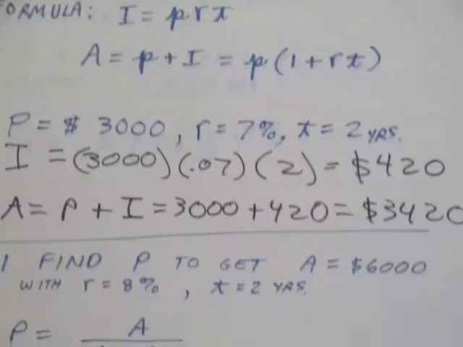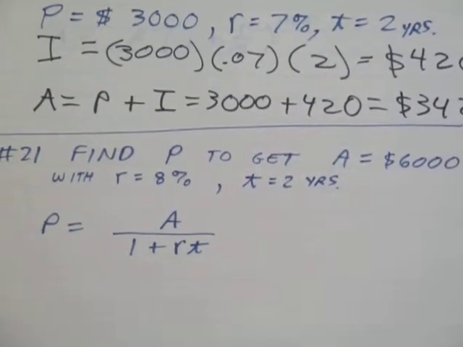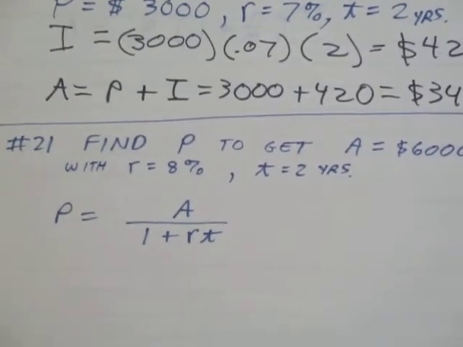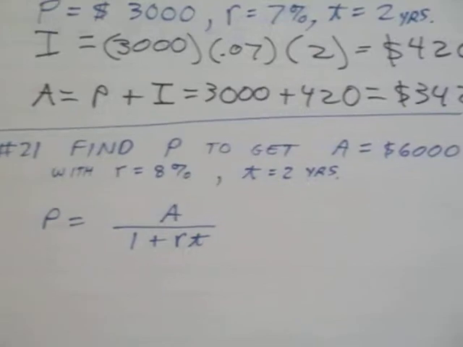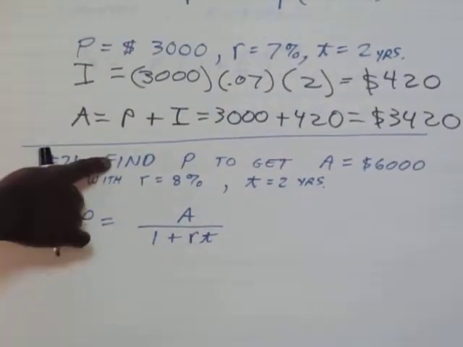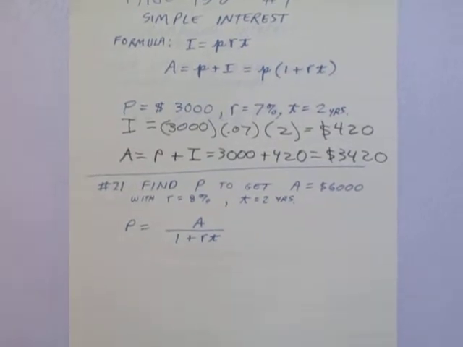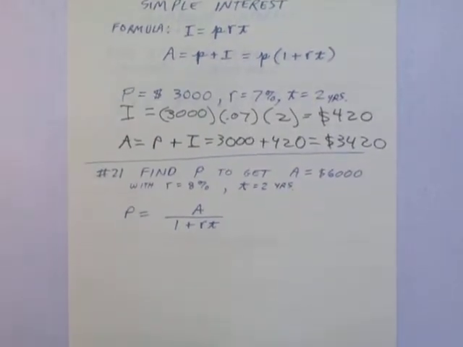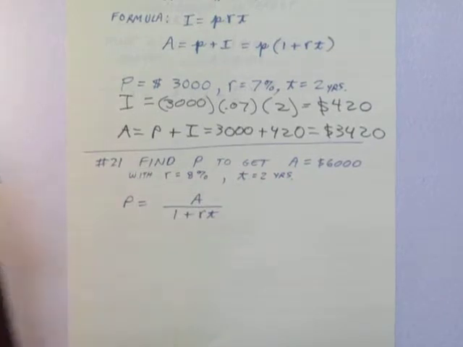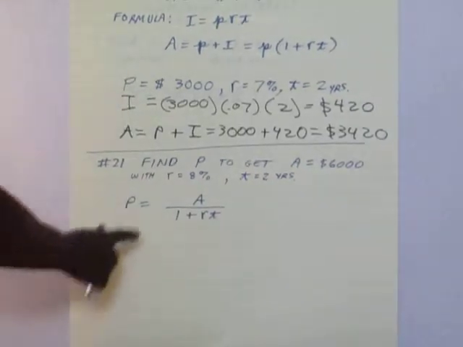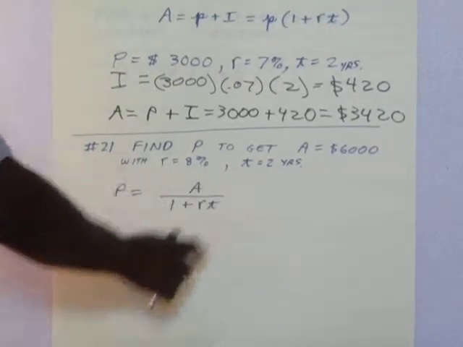The second problem in that same section is problem number 21. We want to find the principal, the amount that should be invested today to accrue a total of $6,000 at 8% over 2 years.